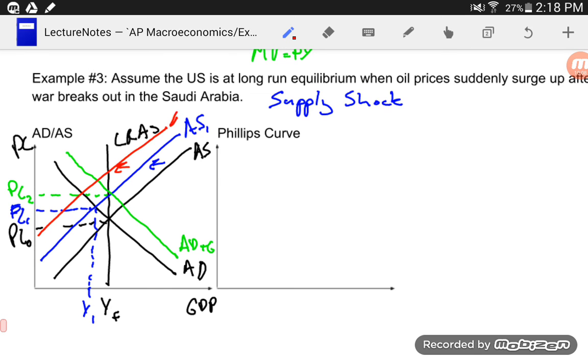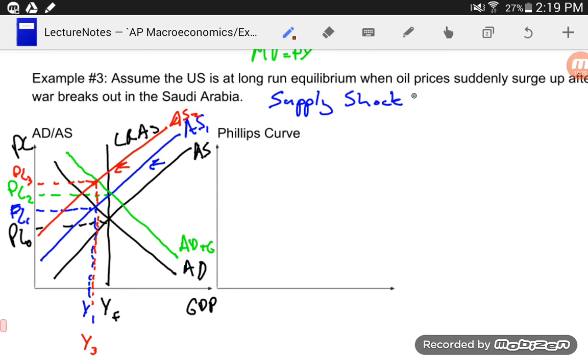So aggregate supply is going to continue shifting back, and I'm going to label this PL3. And again, we're back down at less than full employment, and prices have just gone up and up and up.